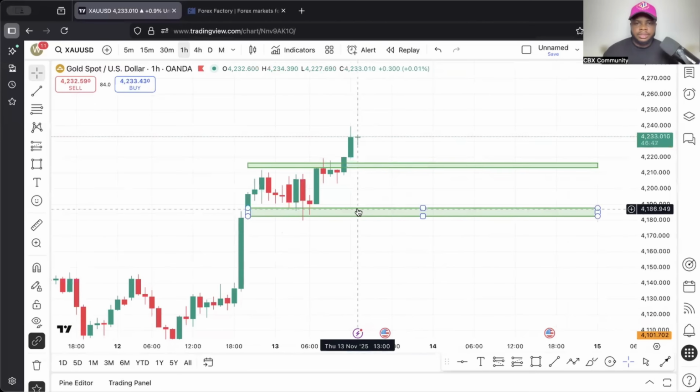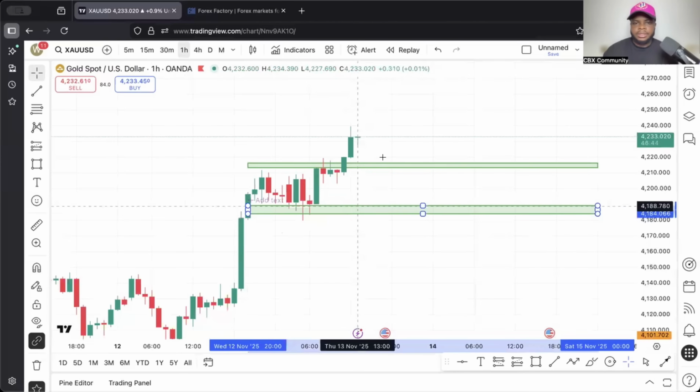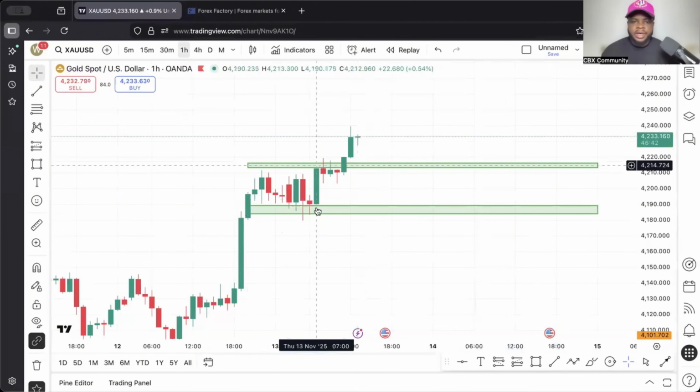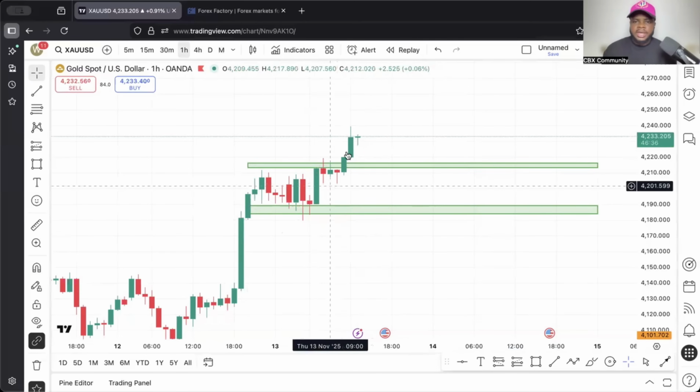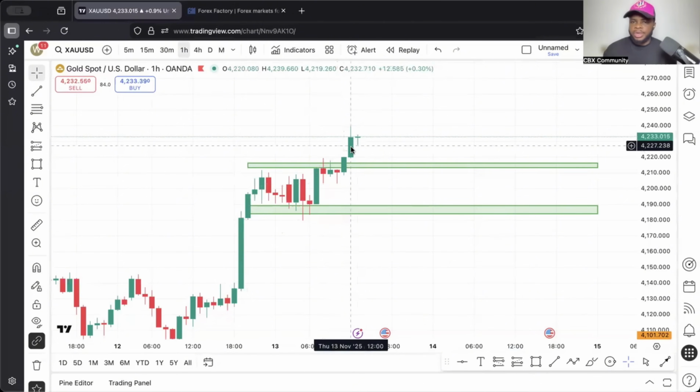Let's adjust this closer. We have a resistance zone over here and also a support zone over here. Since this candle broke this consolidation zone and then this candle closed with a bullish candle, this candle is here to break the high and is here to break the low.